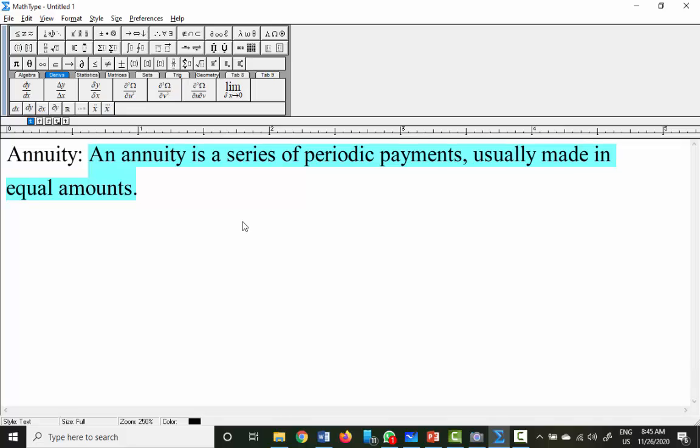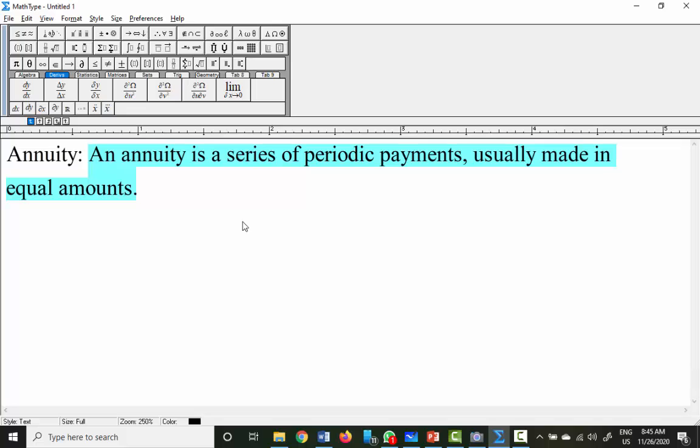So here we have periodic payments. Periodic payments means she is making monthly payments, and the amount is also fixed, 500 taka. In that case we will call it an annuity. An annuity means a series of periodic payments.